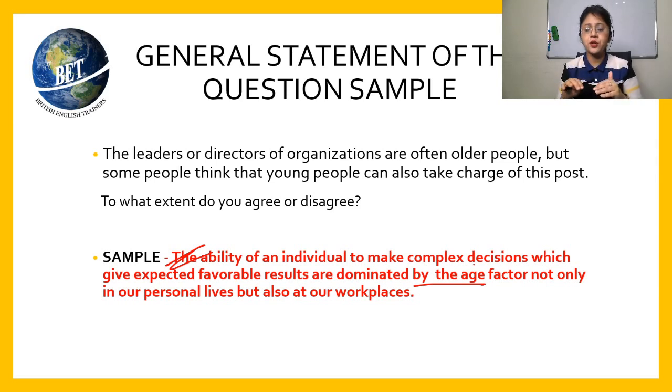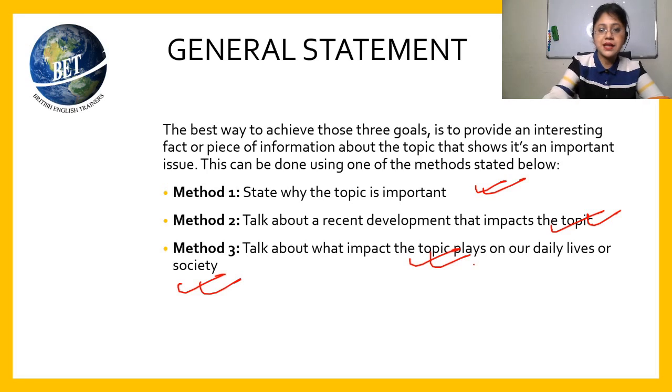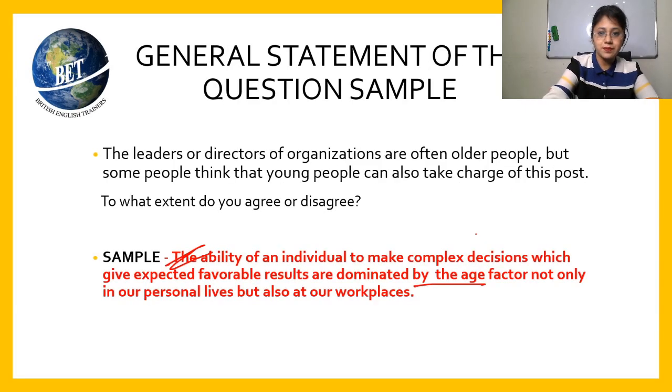It does touch upon these ideas, but in a very general way, not very direct. That means this particularly falls under the category of method 3. Talk about what impact the topic plays on our daily lives or society. So, very clear to understand. I hope you will also be able to write your general statement in a similar manner.